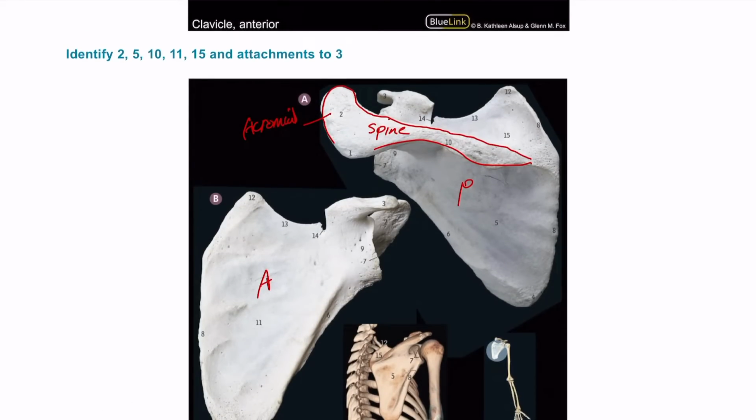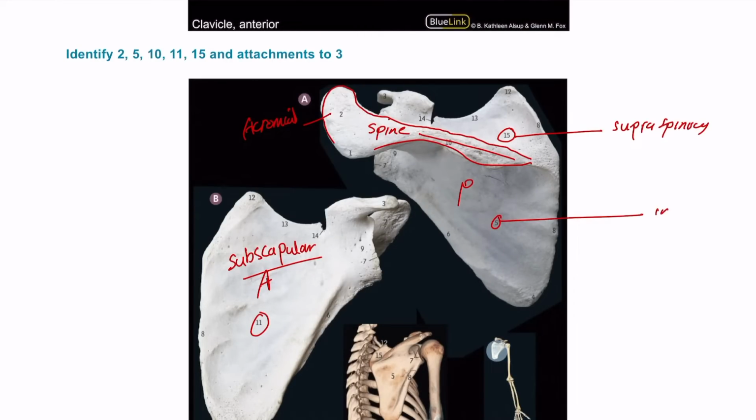And also this surface is called the subscapular fossa. And here, this is the spine. So you have a fossa here, which is called the supraspinous fossa. And here you have the infraspinous fossa.